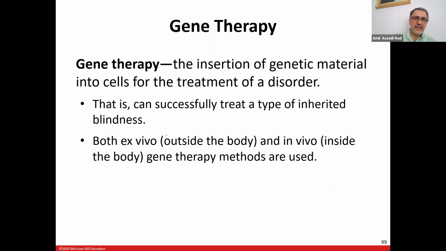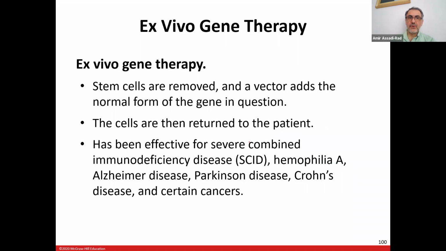Both ex vivo outside the body and in vivo inside the body gene therapy methods are being used. Ex vivo gene therapy outside of the body, please read it, and your textbook says that it can fix combined immunodeficiency disease, SCID, hemophilia, Alzheimer's.